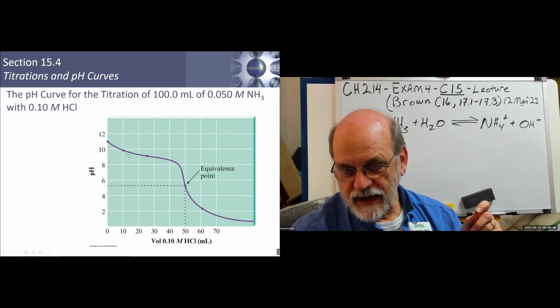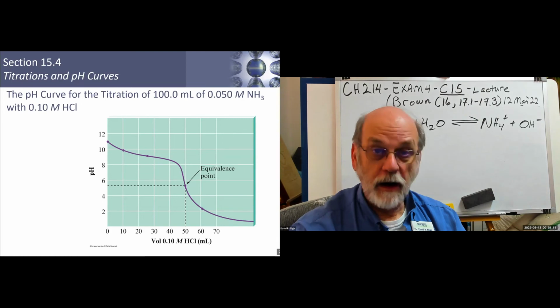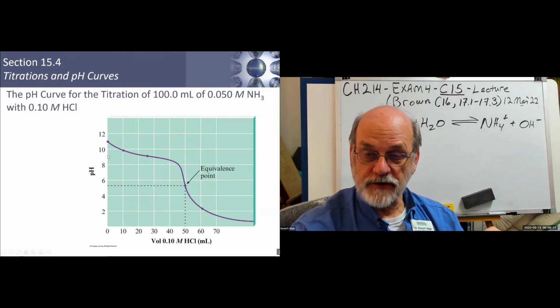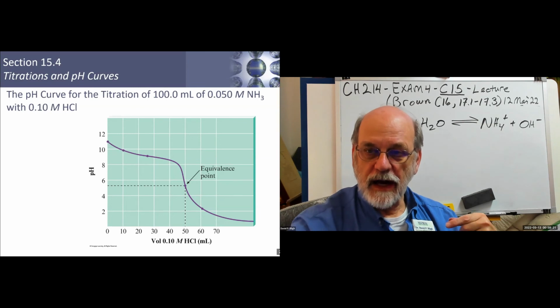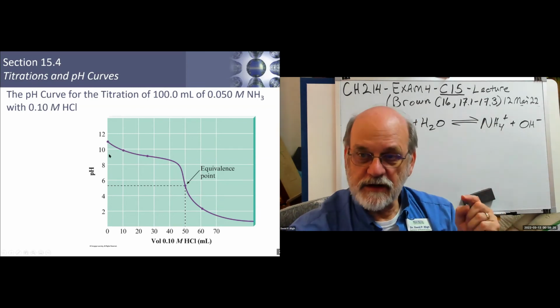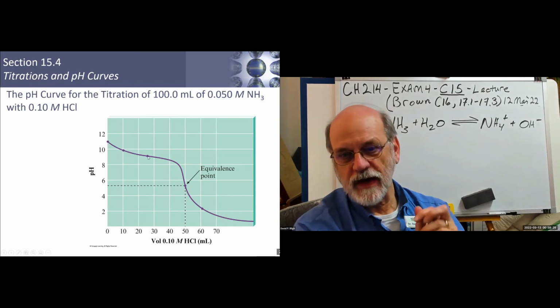Right? That's the pKa for ammonia. Ammonium, actually. And we can relate that to our Henderson-Hasselbalch equation, where the ammonia and the ammonium ion are in equal amounts. Then the pH is equal to the pKa of that reaction. Okay?